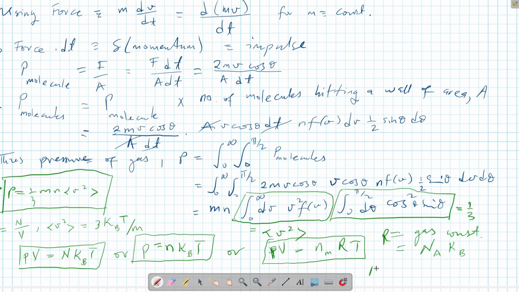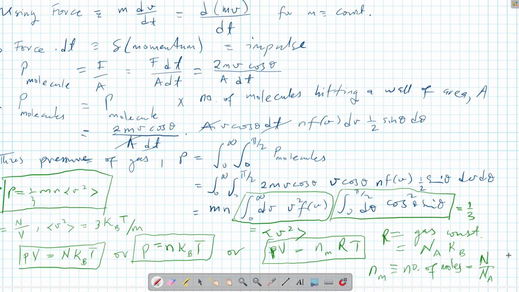And little n_m is the number of moles in the gas under consideration, which you can compute as the total number of gas molecules, big N, divided by Avogadro's number, Na.